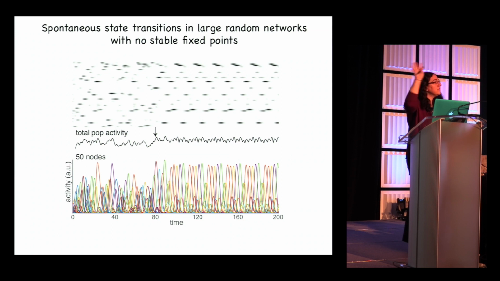Even with different connectivity statistics. So I don't need to play with the parameters, and I don't need to play with the strength of the connectivity or the statistics of connectivity. Just by guaranteeing that the graph is oriented with no sinks, I can guarantee that my activity will keep moving. And I like this example just because you seem to have this kind of spontaneous phase transition, right?